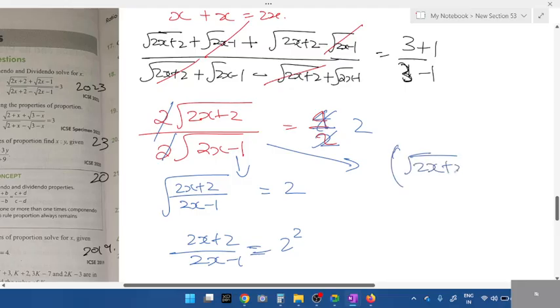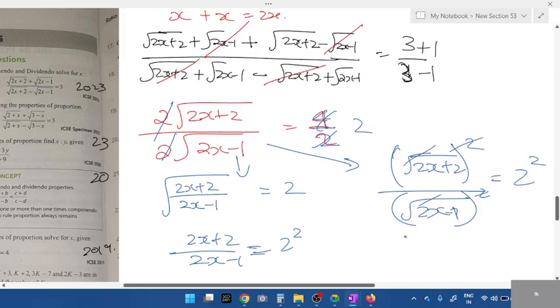Root 2x plus 2 the whole square is equals to 2 square. You get the same answer. Square gets cancelled here. 2x plus 2 divided by 2x minus 1 is equals to 4. Solve this, find the value of x. That is what they want. Solve the value for x, 3 marks question.